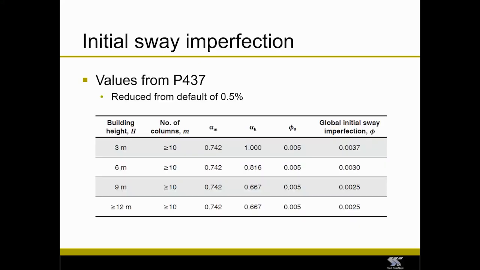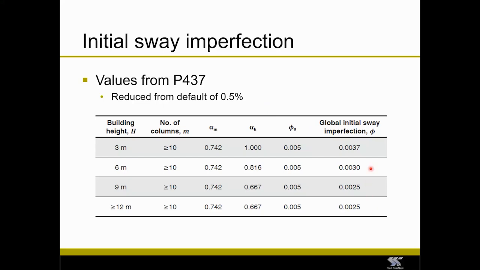So this table, taken from the forthcoming publication P437, gives some simplified rules or some simplified values for the global factor that we can use. So instead of using the base factor of sort of 0.5% or 0.05, we can use a lower value. So these values in the final column, depending on the number of verticals and the height of the structure.